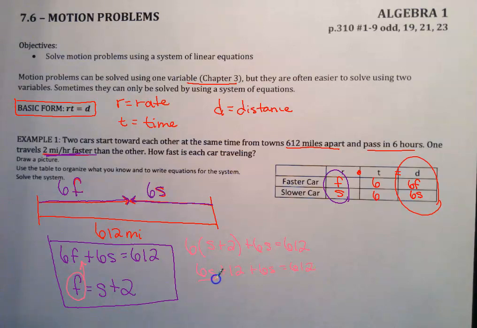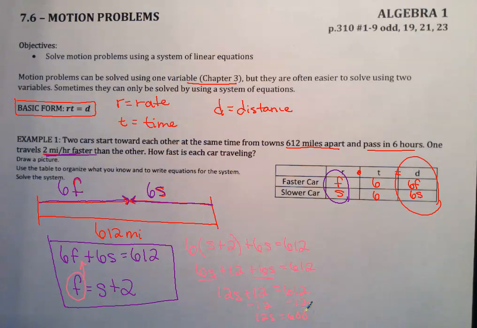So the 6S plus 6S, 12S. Okay, so 12S plus 12 equals 612. All right, Bailey, what would we do next? Minus 12. Minus 12, perfect. So 12S equals 600.